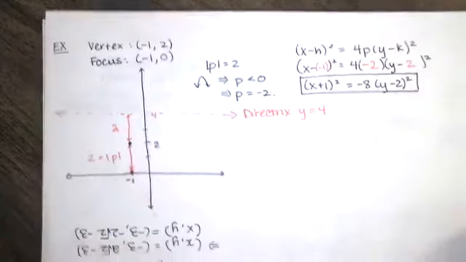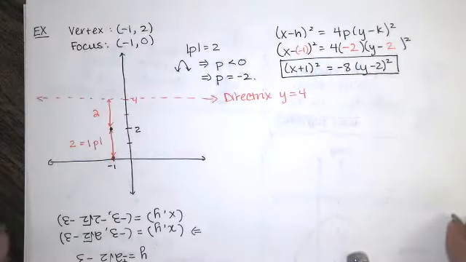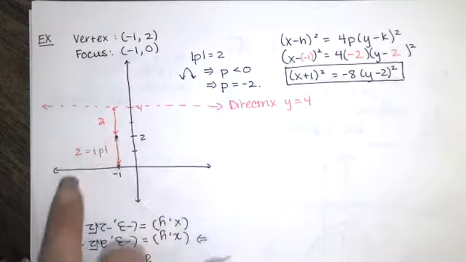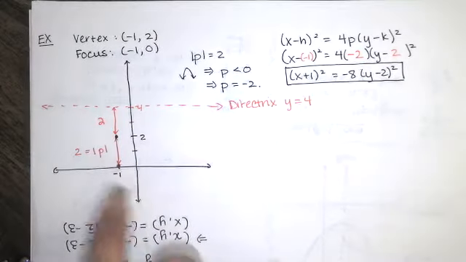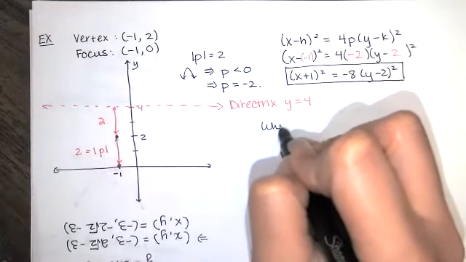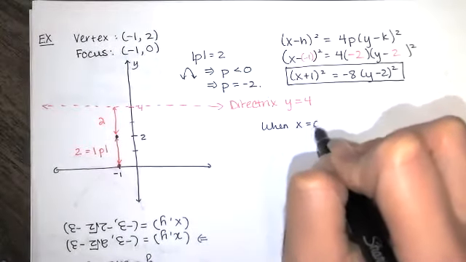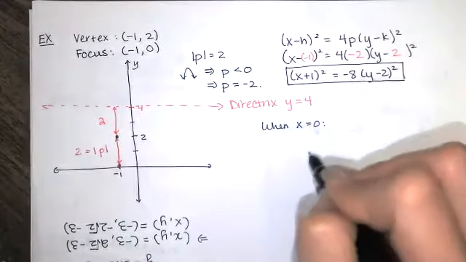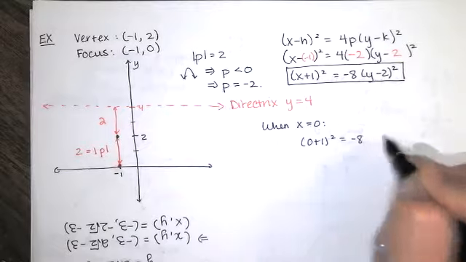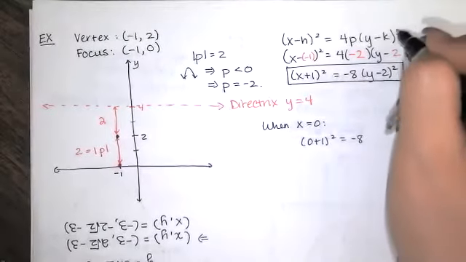Now, if I want to do a really good job sketching it, I might set x equal to 0 and figure out where our parabola crosses the y-axis. So let's say when x equals 0, what do we get? We get 1 squared equals -8 times y minus 2. Oops, these y's should not be squared.